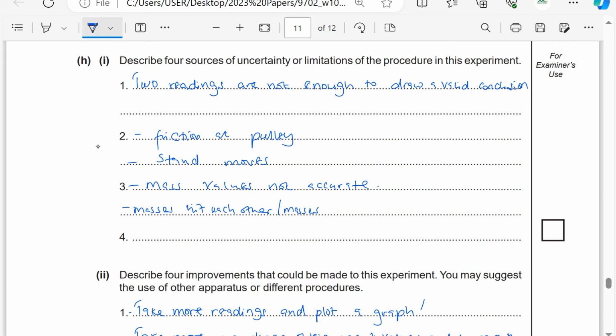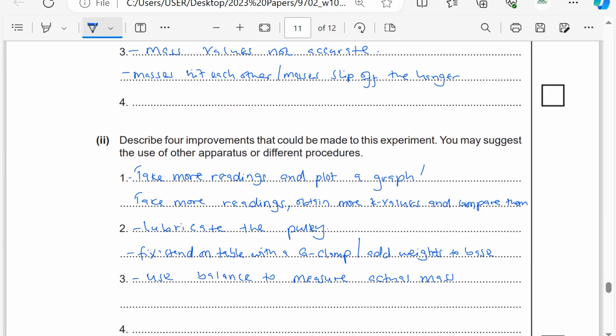For some students, the masses were slipping off the hanger. So this one was easy to solve.